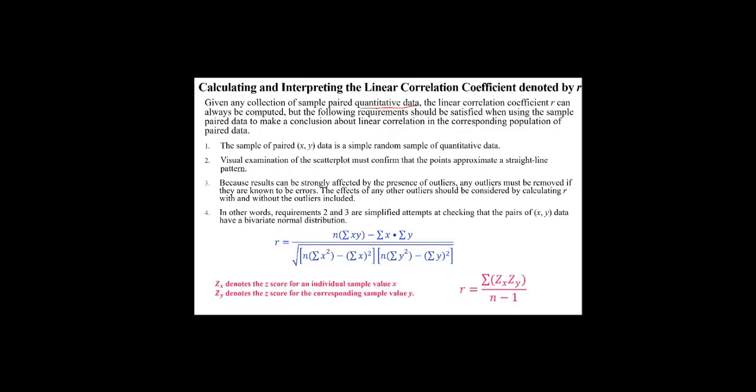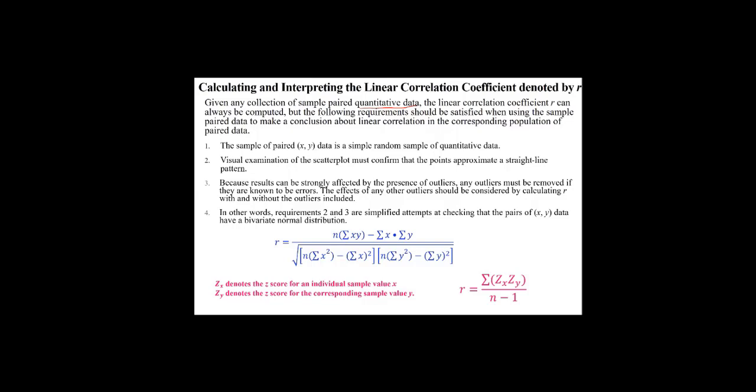You have that. Now, there is another way of saying the same thing. Z sub x denotes the z-score for an individual sample value x, and z sub y denotes the z-score for the corresponding sample value y. R is the summation of z sub x times z sub y, over n minus 1. The difference is this is easier to grasp and understand.